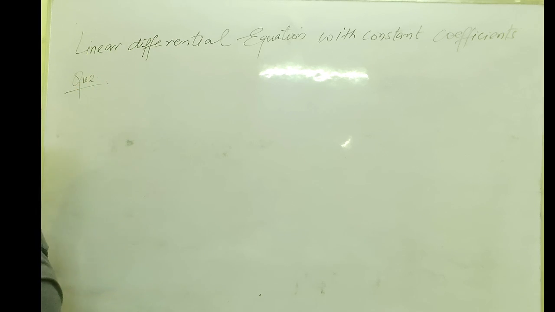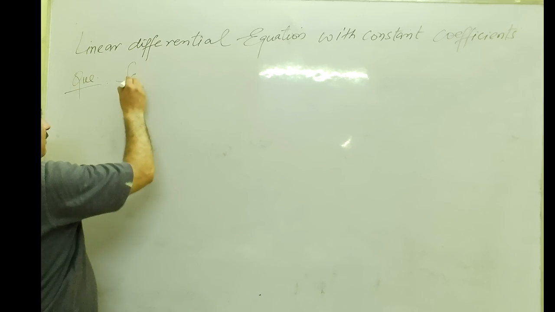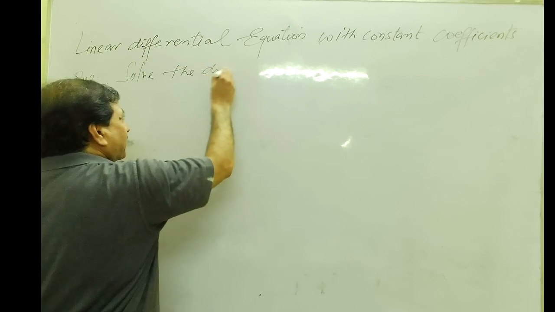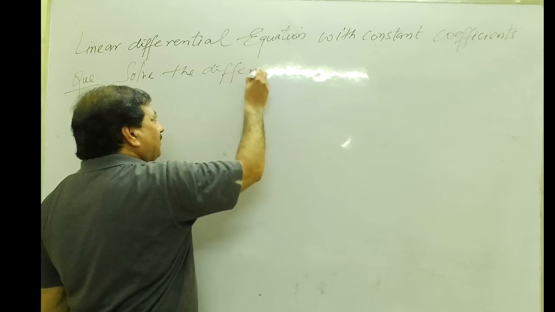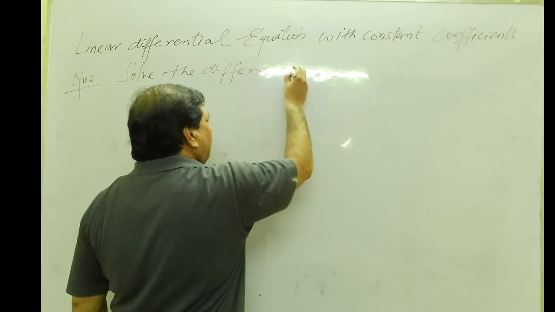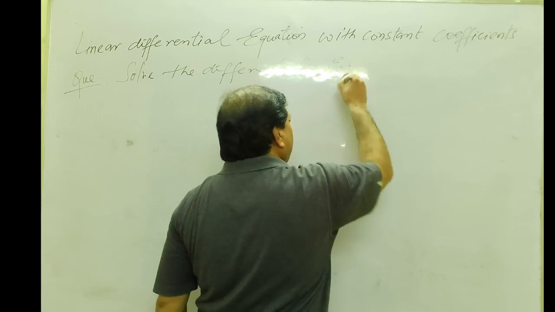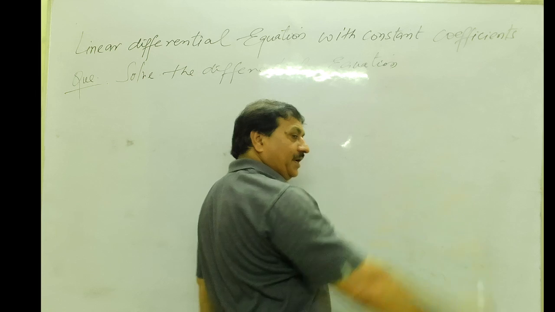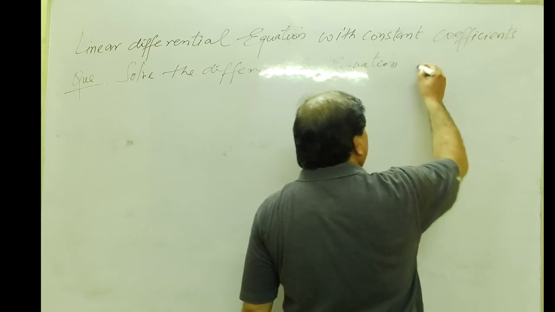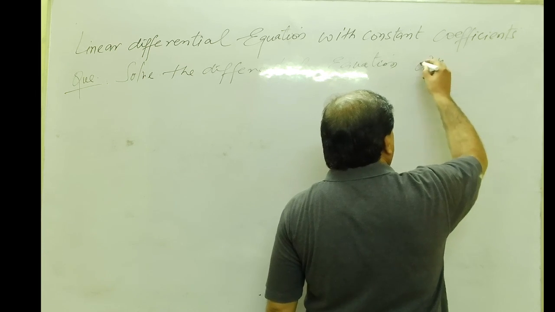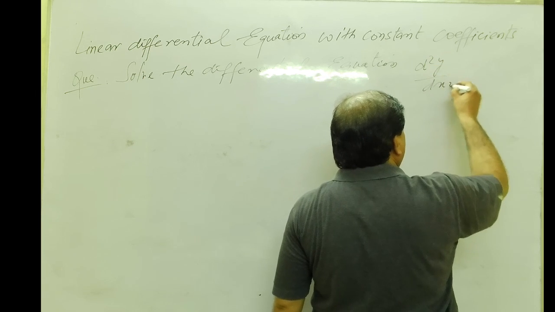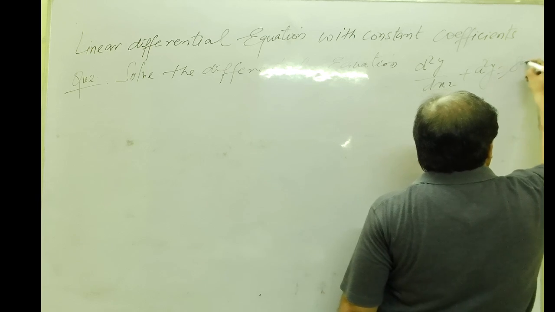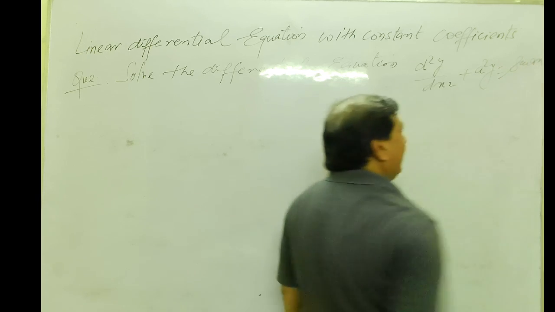Question: solve the differential equation d2y by dx square plus a square y equal to sec ax.